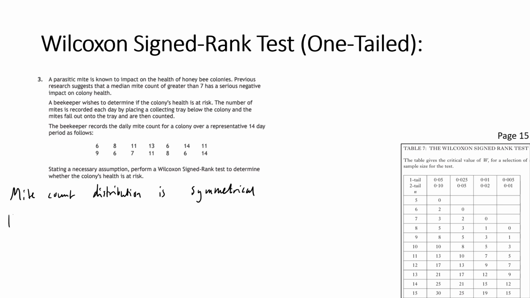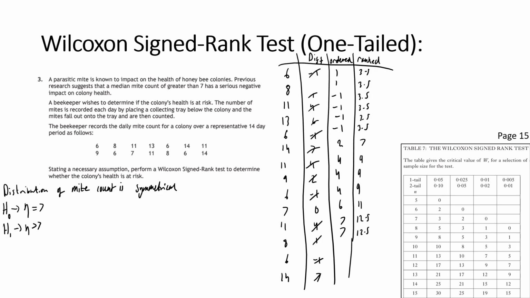H naught is that the median, eta, is 7, and H1 is that eta is greater than 7. Now we have to write these values in a column, get the difference by taking away the median, order them, rank them, and let's do that now. That is now done here.